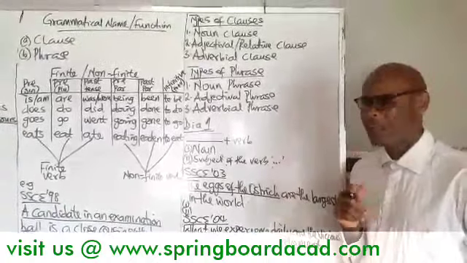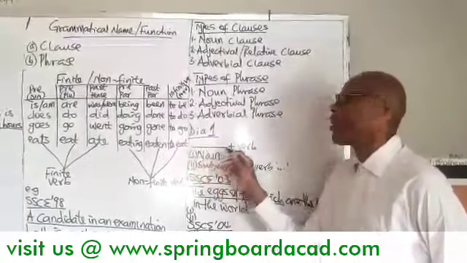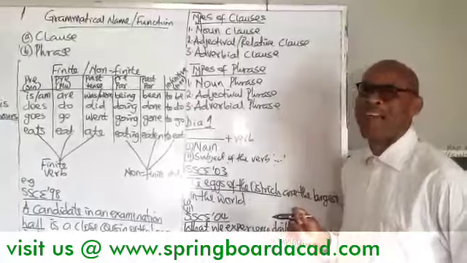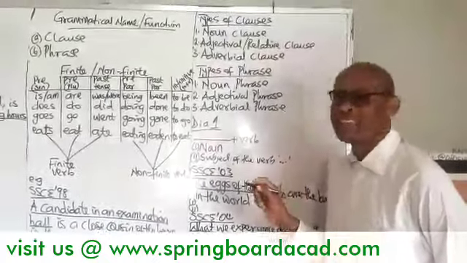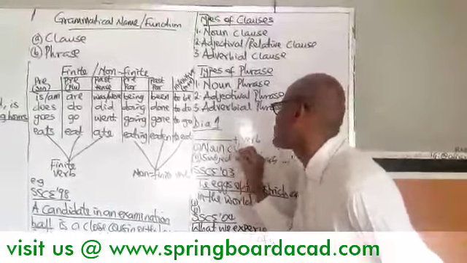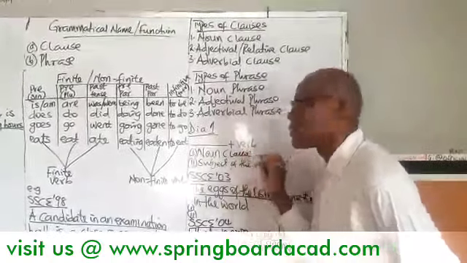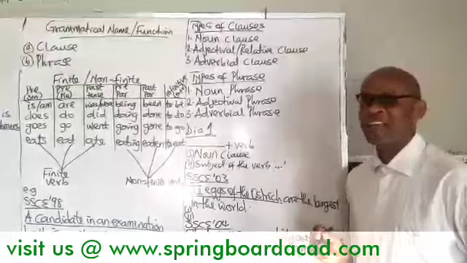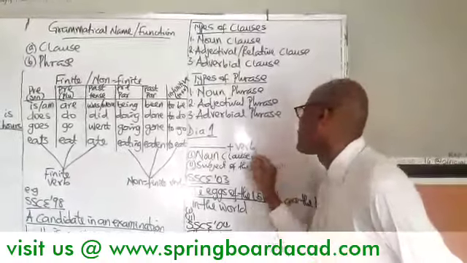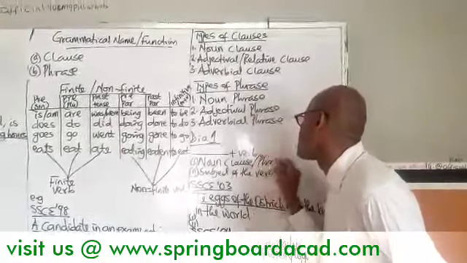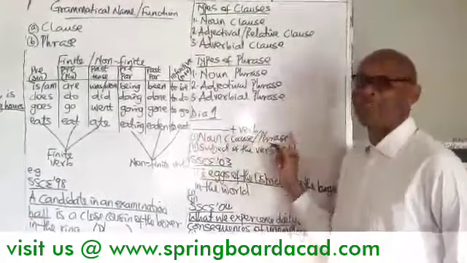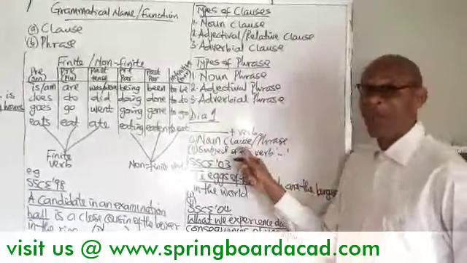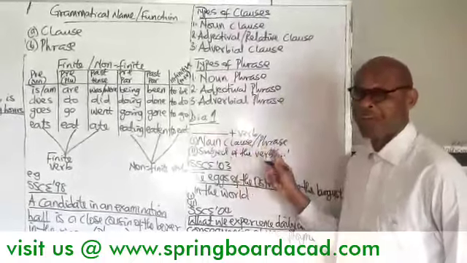Ask yourself, do these underlined words contain a finite verb? If your answer is yes, then write what? A clause. But if your answer is no, do what? Write a phrase. I didn't say write noun clause slash phrase. No. You understand why we are calling it clause and phrase.